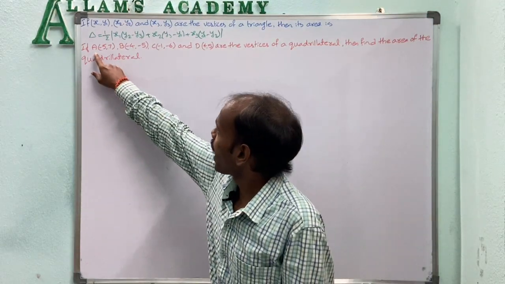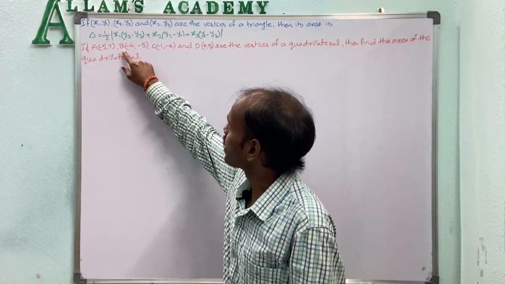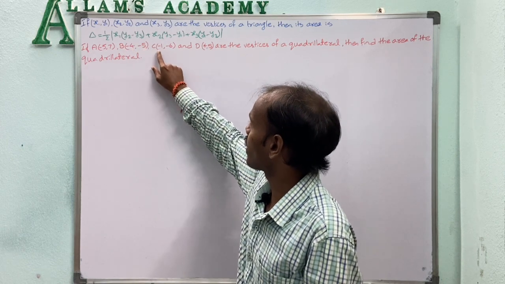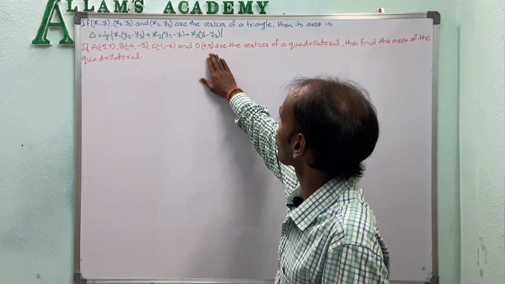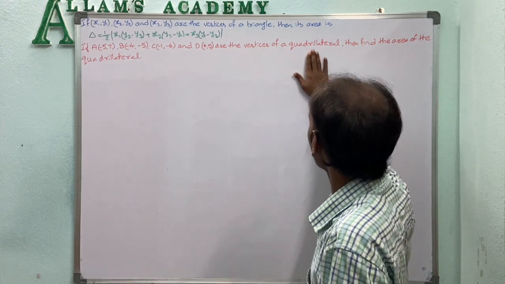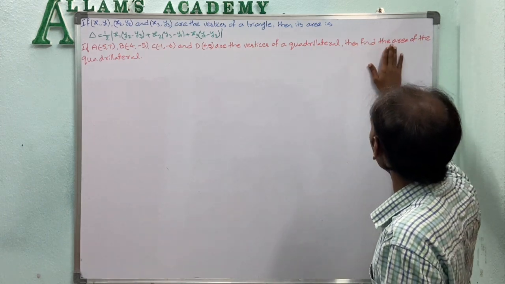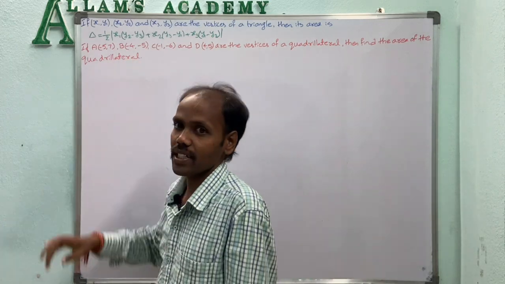If A(-5, 7), B(-4, -5), C(-1, -6) and D(4, 5) are the vertices of a quadrilateral, then find the area of the quadrilateral.